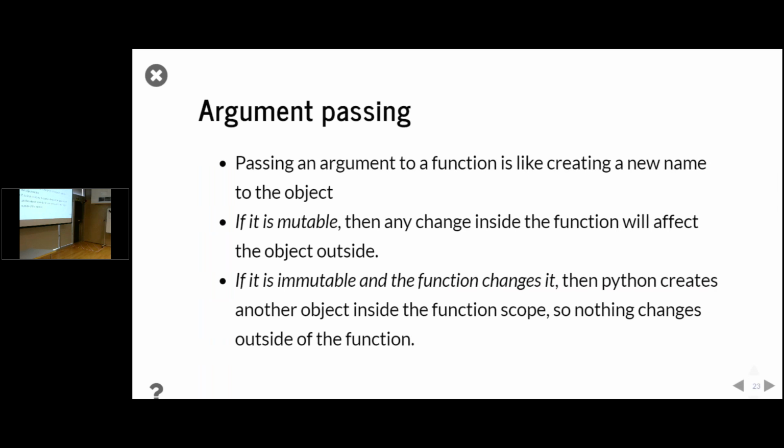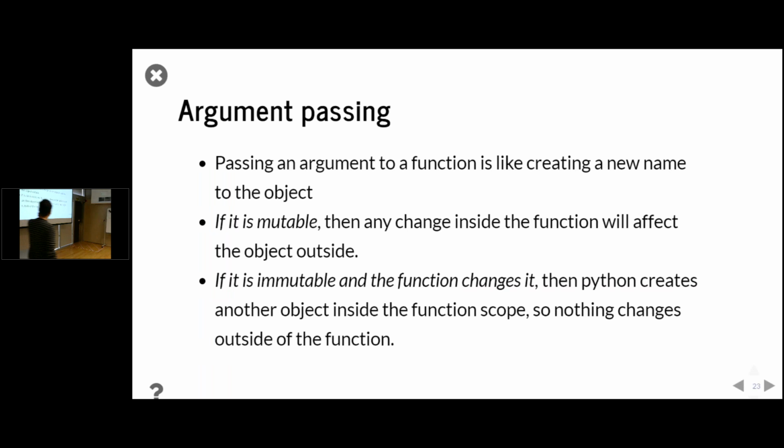Also, because of this, I wanted to talk about argument passing. Passing an argument to a function is like creating a new name for the object. If it's mutable, then any change inside the function will affect the object outside. If it's immutable and the function changes it, it just happens inside the function.